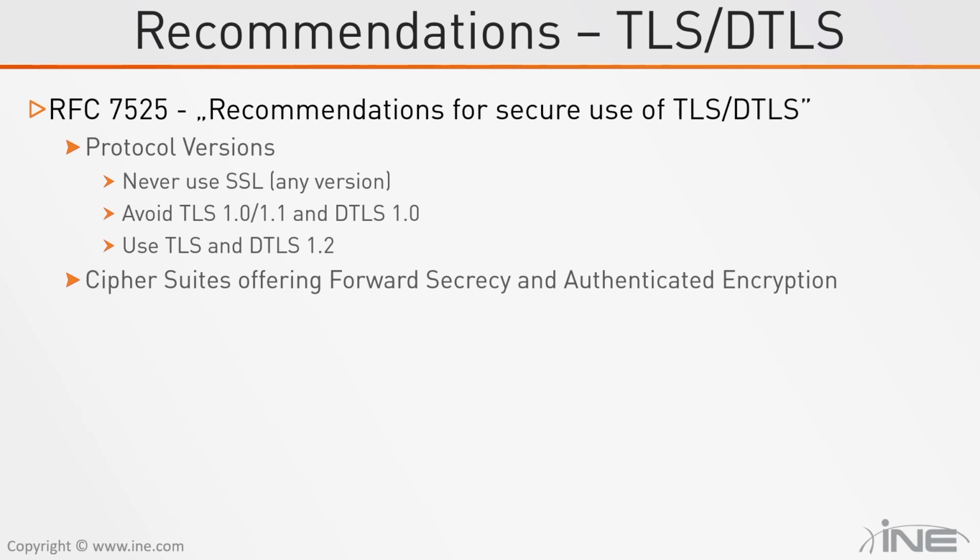So authenticated encryption, again, this is talking about GCM mode, where forward secrecy, also known as perfect forward secrecy, is talking about ensuring that your current keys that you are using to protect your data are not based on the previous keys. Or in other words, if the attacker is somehow able to compromise the current keys, they will not be able to easily guess or compromise future keys, the keys that you will be using after renegotiation.